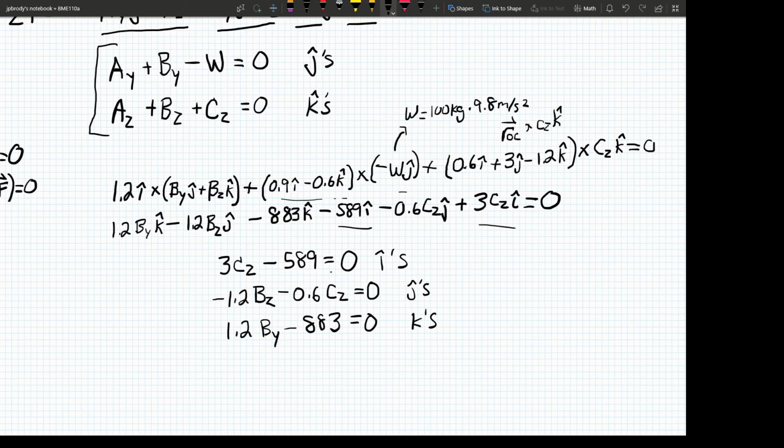Okay, so we've done all that. You can see you can start solving now. This is a simple one. We can just use our algebra and get from here c sub z has to be equal to 196, and we're dealing with newtons.